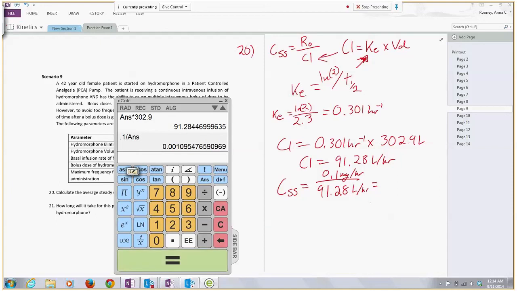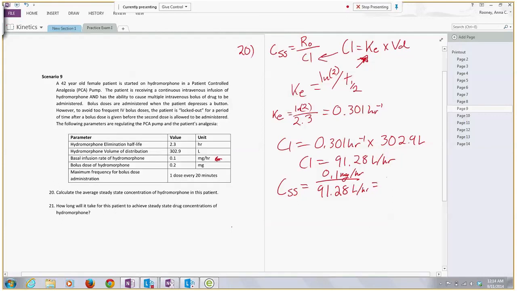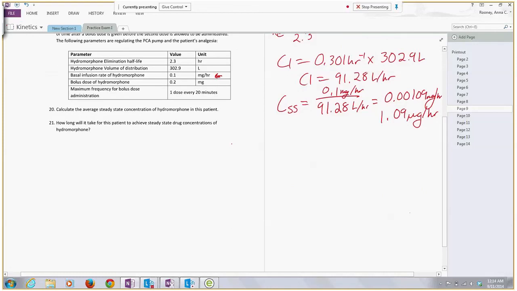Good God. Okay, so this is 0.00109 milligrams per hour. I wrote it earlier in my notes as 9 micrograms per hour, just so that it was more readable to myself. So there you go. That's your concentration steady state.